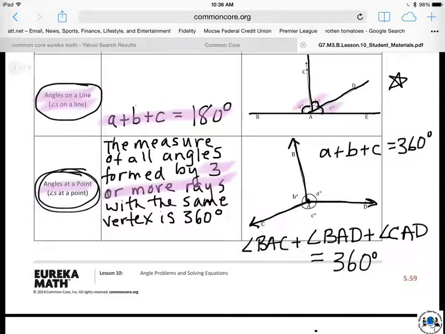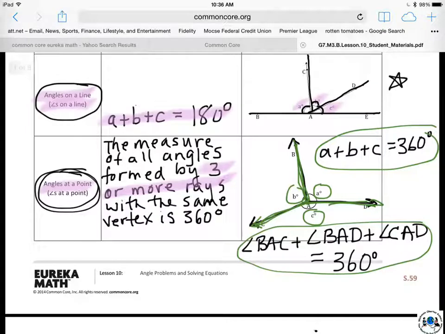BAC is right here, BAD went this way, and CAD went that way. We can use this notation because we're using points on the lines that form the angles, and we could have done the same over here as well.